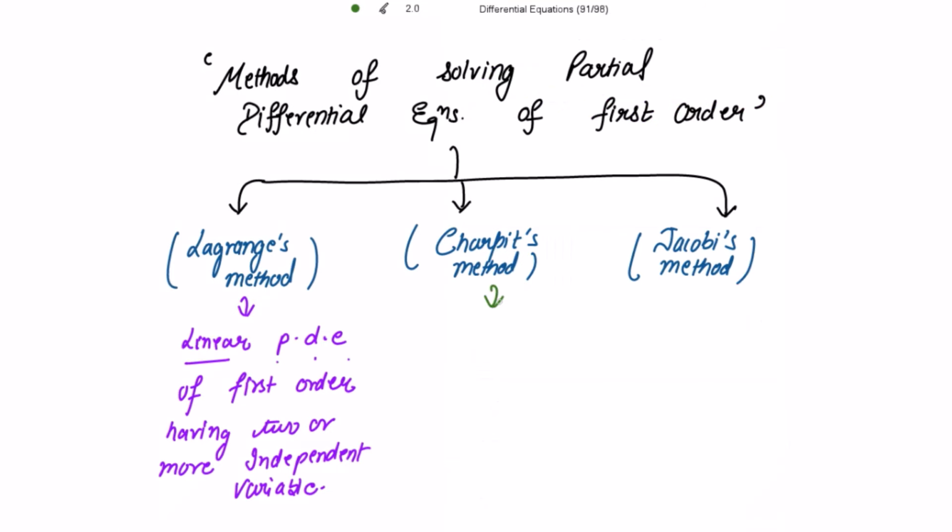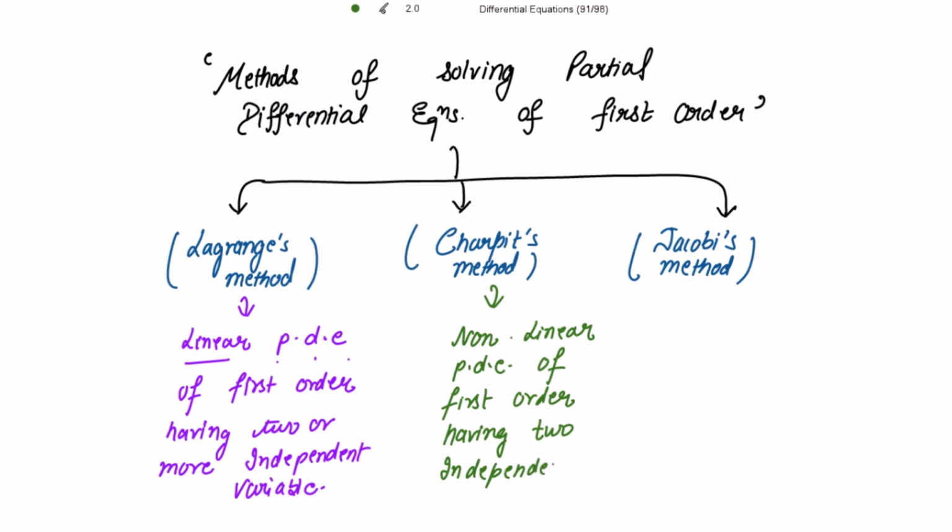This method is used to solve the non-linear partial differential equations of first order having two independent variables, not more than two. So it is used to solve the non-linear partial differential equations.